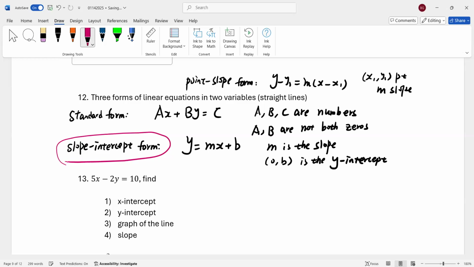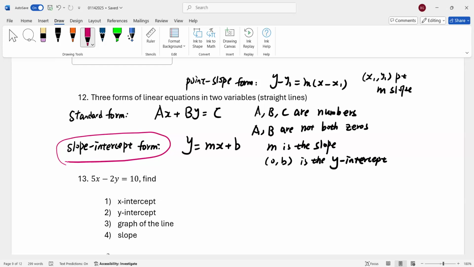Why do we need a standard form? Because the standard form is the only form that may define any straight line. Slope-intercept form and the point-slope form have a limitation. What limitation? They only apply when the straight lines are not vertical. Vertical lines do not have slopes, if you remember.